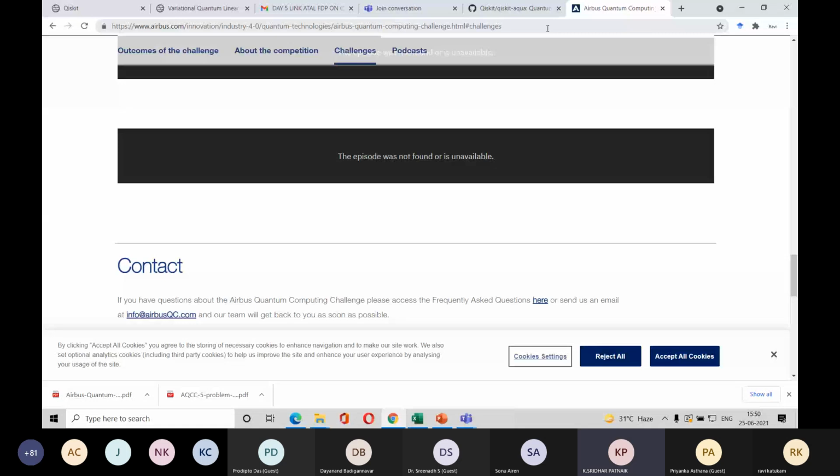You can try. Your screen has become static now. It's not changing. Okay. Okay, so Airbus website you have opened, no? Okay, let me, yeah. Airbus.com.